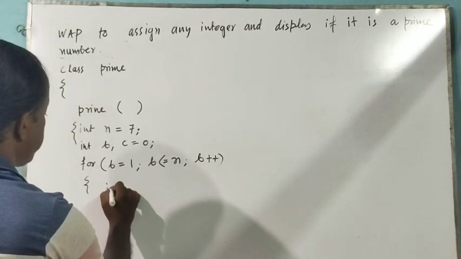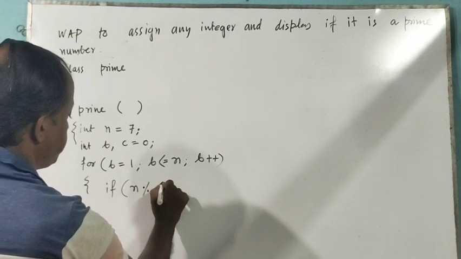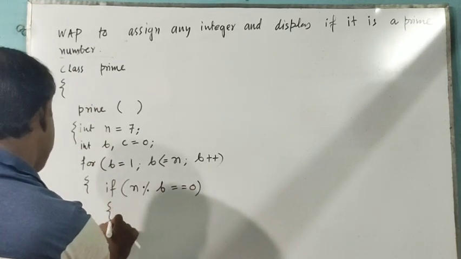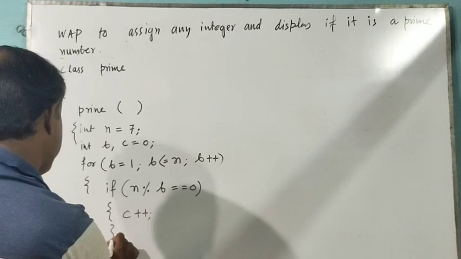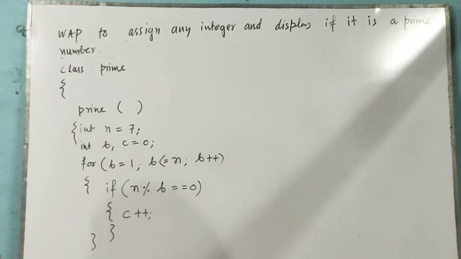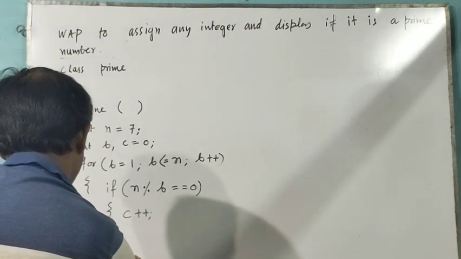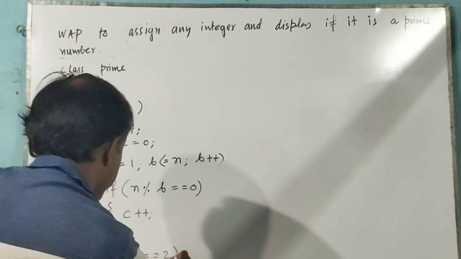Now the checking part: if n modulus b equal to 0, c plus plus. Then I complete the for loop. Now we will check if c equal to 2.